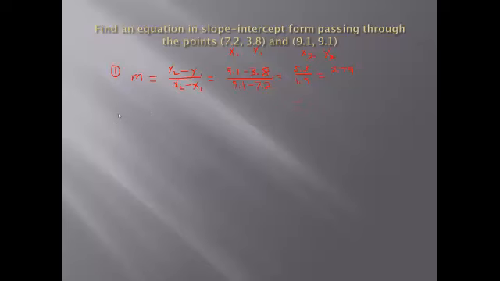Now, we need the slope because we're going to actually use the point slope form to get us where we need to be. And remember, the point slope form was y minus y1 equals m times x minus x1. Well, you have everything you need.